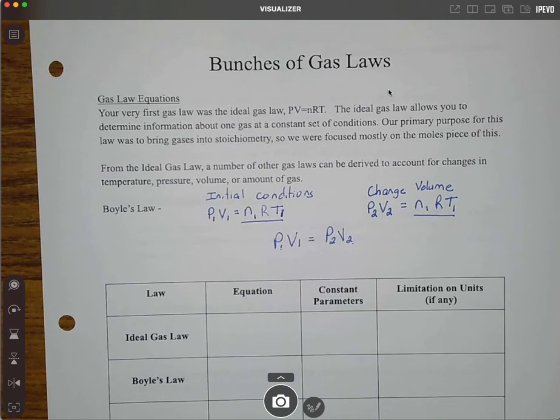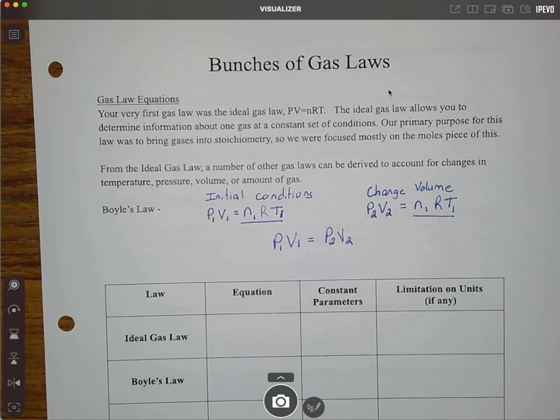And we can get a new gas law which lets us deal with changing the pressure and the volume in one step instead of having to use the ideal gas law many, many times to get where we want to go. So we're basically going to make a list that includes the ideal gas law and everything else that you can get if you play this kind of a game with the ideal gas law.